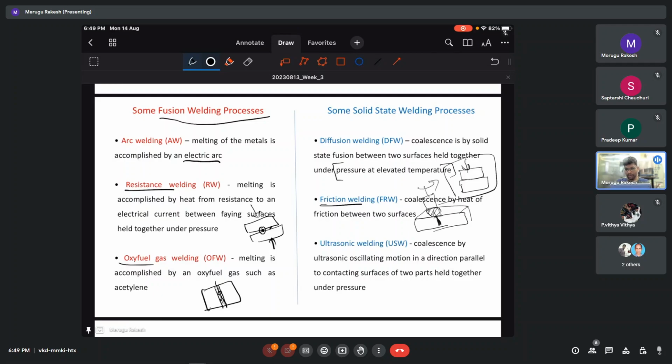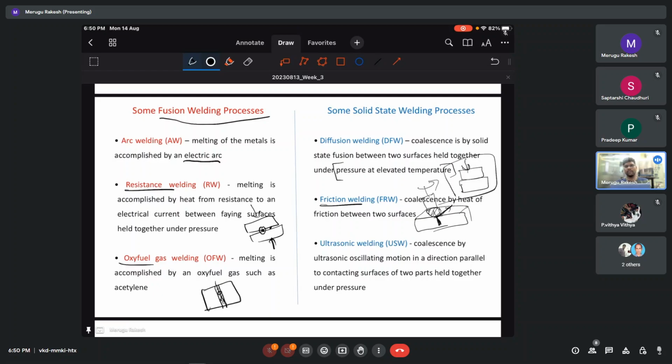This pin will be moving along the surface. It is not actually melting; there is very high strain rate deformation happening at that point, so that the metal mixes together in a semi-solid state, and the bonding is established.